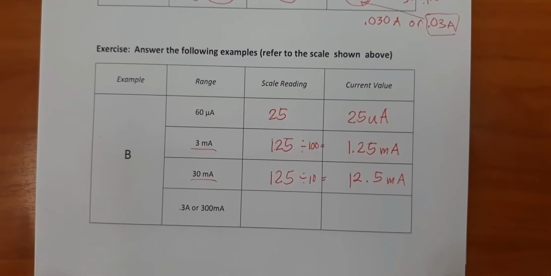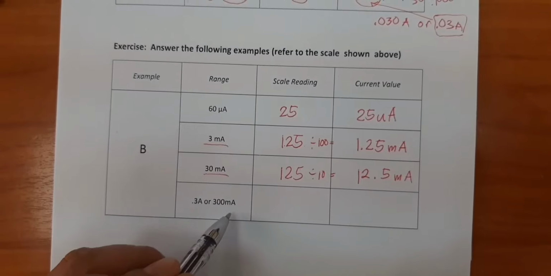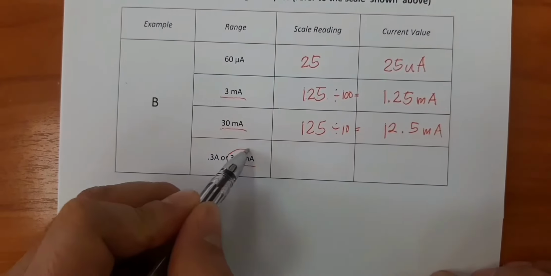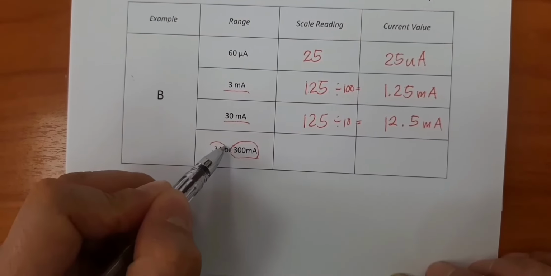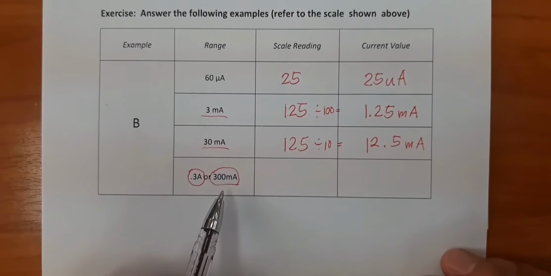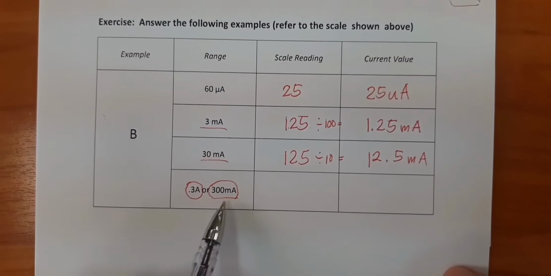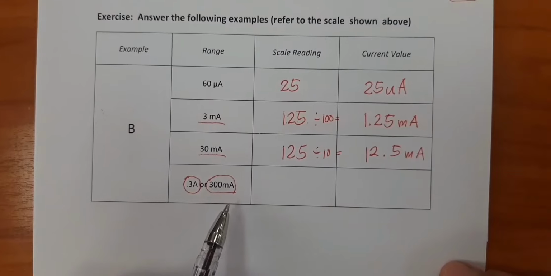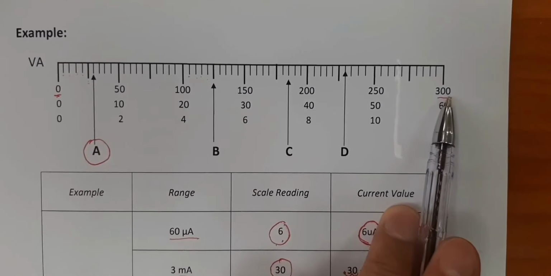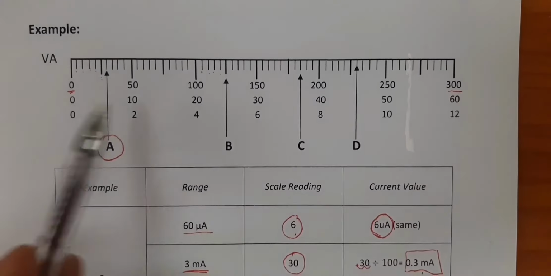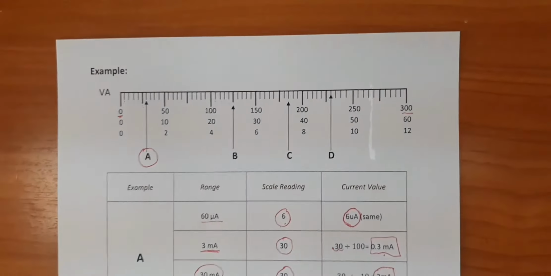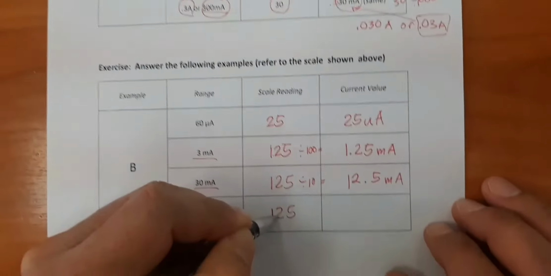Okay? Now, let's proceed to 300 milliampere or 0.3 ampere. Let us first count it as 300 milliampere. Our range is 300 milliampere. So again, we will use the scale of 0 and 300. Each line is by 5. So we have here also 125.